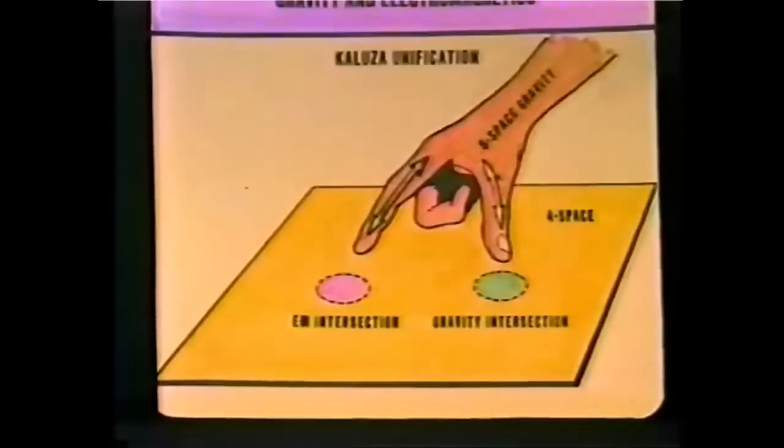I'm going to give you a very simple thing now to let you understand what I'm talking about. This is schematic, so don't think of the thing as being spatially separated between the two little circles on the plane. The plane represents our ordinary world. The hand represents an extra dimension, so it's that 5th dimensional geometry that Kaluza came up with in 1921.